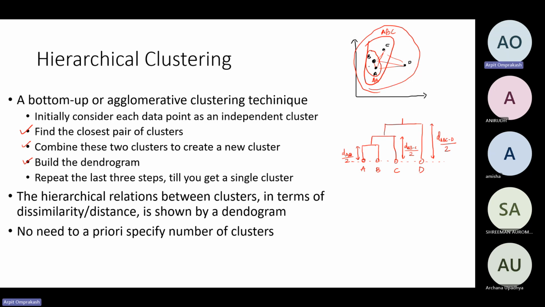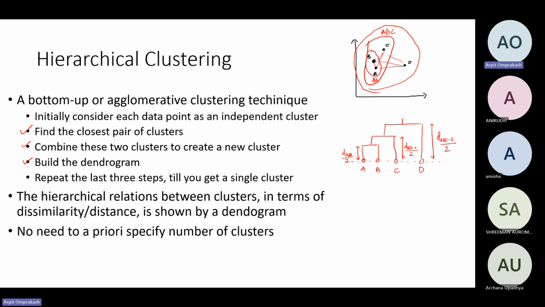Okay. So while we are doing this, one of the steps that we need to do is to sometimes figure out the distance between a cluster and a point, or between two clusters.